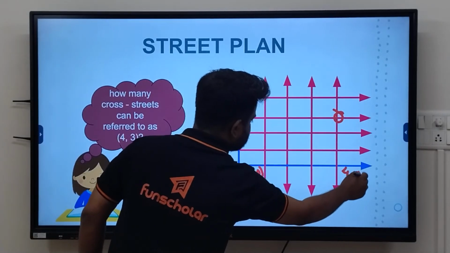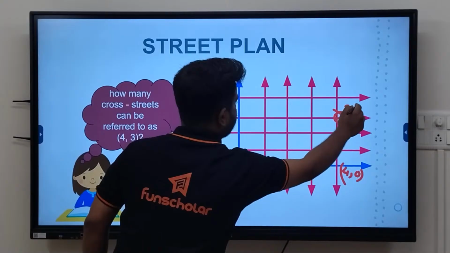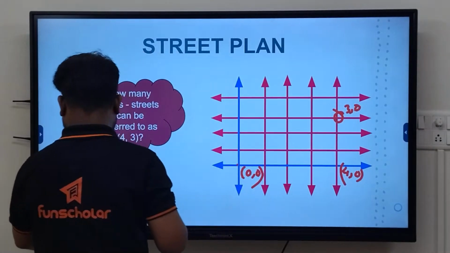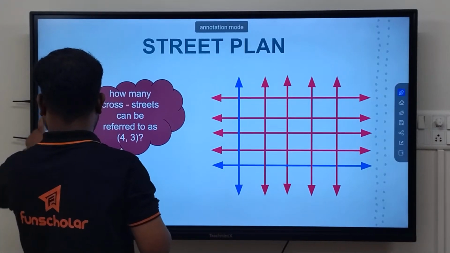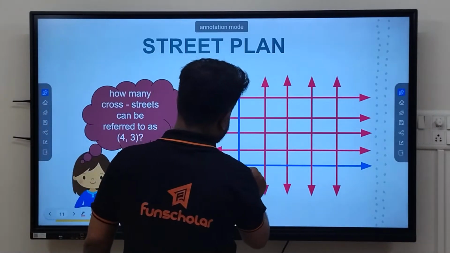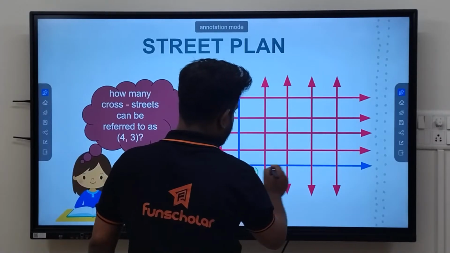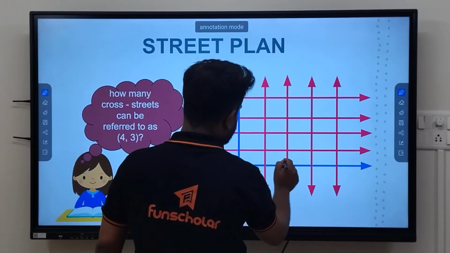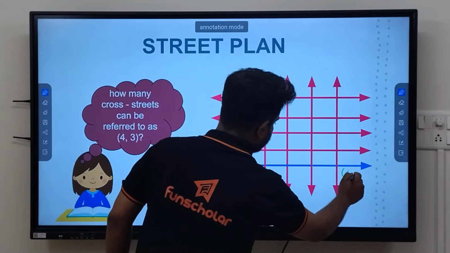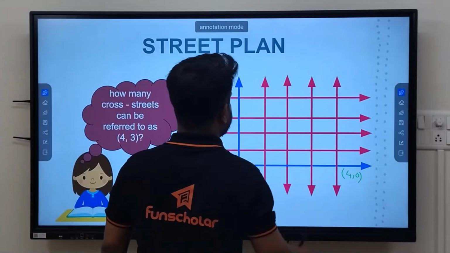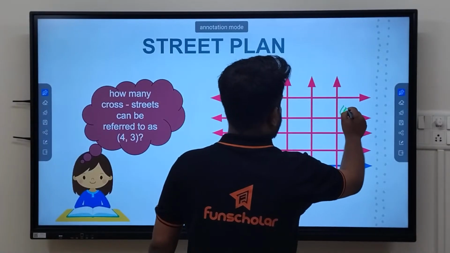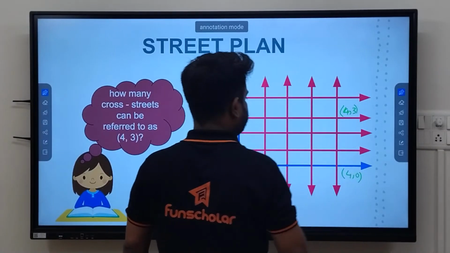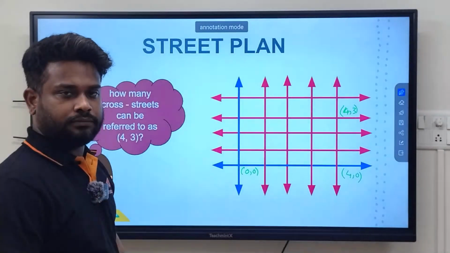This will be 4,0 and this will be 3, if this is the origin, that is 0, 0, and then 0, 1, 2, 3, 4. It will be 4, 0 and this point will be 4, 3. The same process, right?